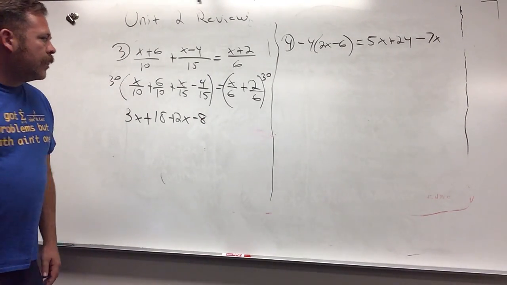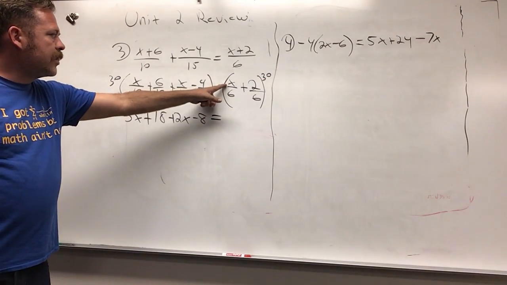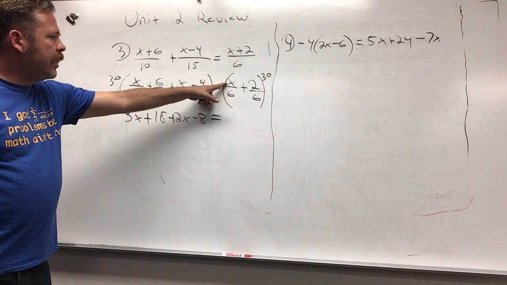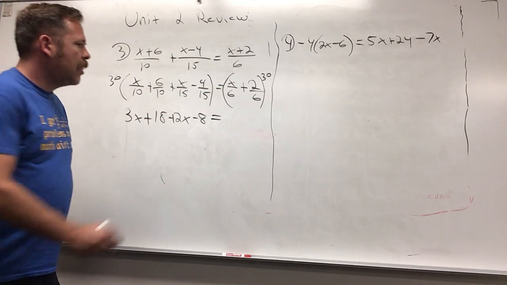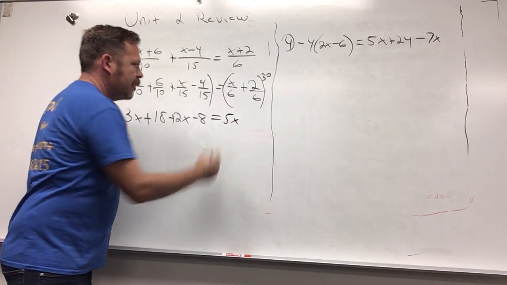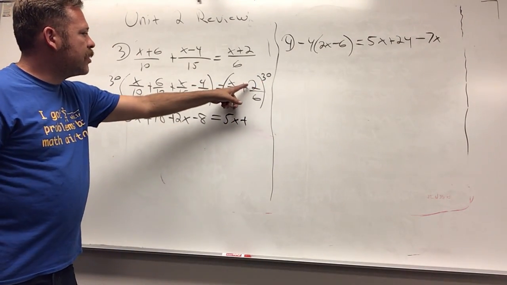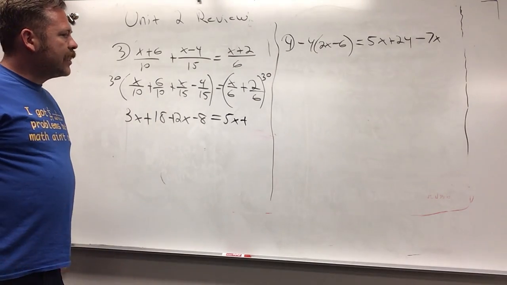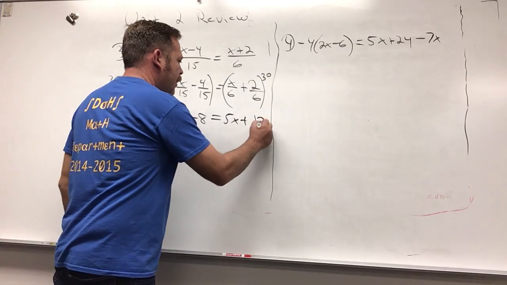On the right side, 30 times x, or 1x, is 30x over 6, and 30 divided by 6 will leave me with 5x. And then 30 times 2 is 60, and 60 divided by 6 is 10.